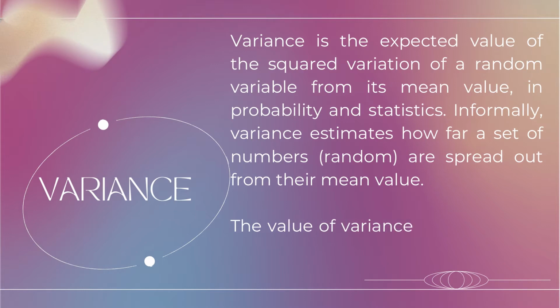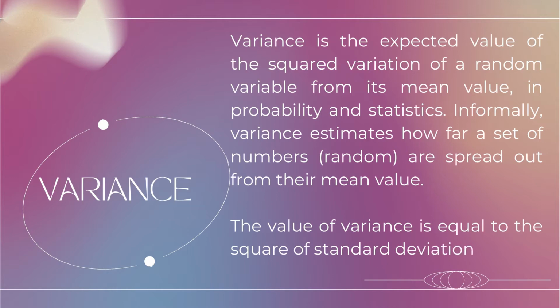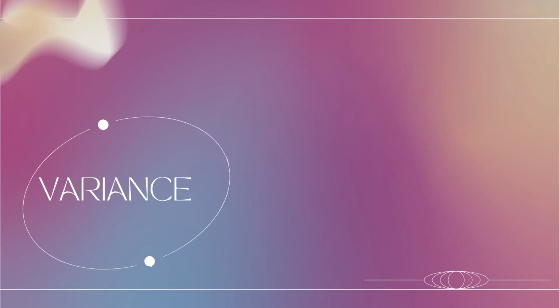The value of variance is equal to the square of standard deviation. So when the standard deviation is already given, just square it and that is the variance of the given set. Always remember that the square of standard deviation is the variance.